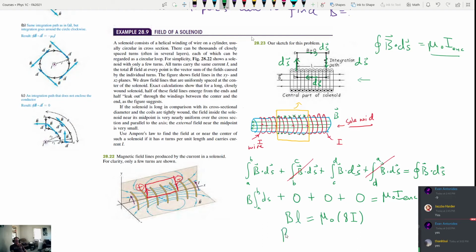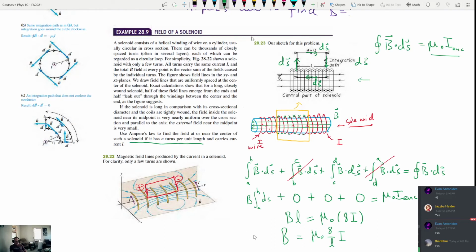Okay, so let's rearrange this a little bit here. So I'm going to rewrite it as B is equal to mu naught times 8 divided by the length times I. And now what I'm going to say is that 8 over L is the number of turns in this region, right? But what we were told in the problem is that our solenoid has n turns per unit length, right?